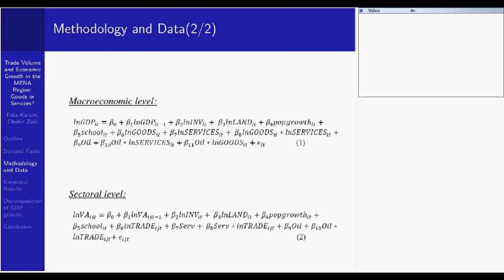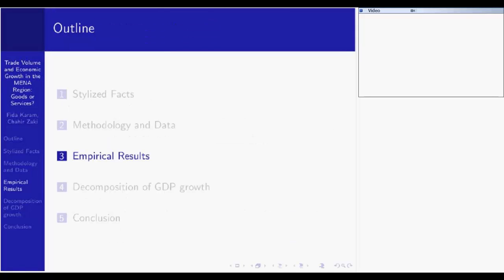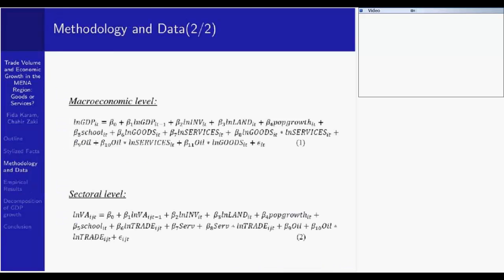Our data come mainly from the World Development Indicators of the World Bank, and for trade in services we also used the disaggregation from the World Development Indicators, between 1960 and 2011.